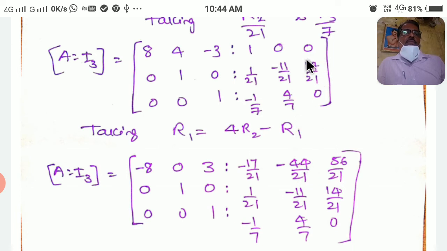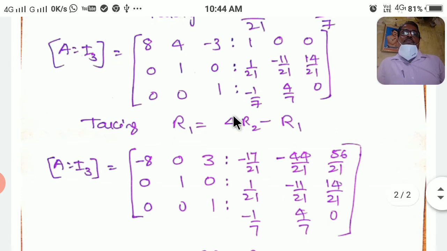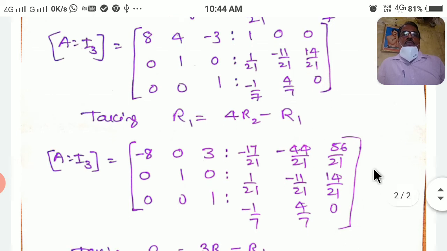Here also we multiply this with 4, 14 fours are 56, 56 by 21 minus 0, 56 by 21. So that is 0 1 0, remaining elements as it is, 0 0 1. Next 1 by 21, minus 11 by 21, 14 by 21, minus 1 by 7, 4 by 7 and 0.